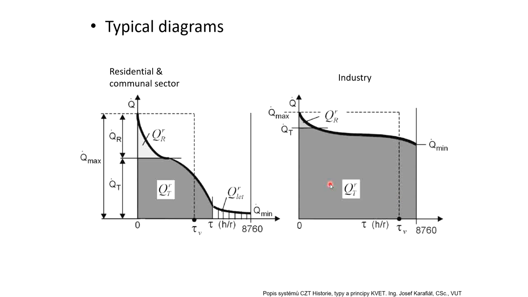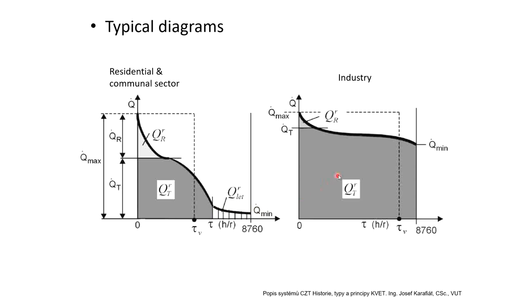Now some typical diagrams of these curves for the residential and communal sector, where the diagram is rather sharp. We can see some period of the coldest winter where you have the highest heat demand, and then it drops relatively sharply to summer, where you need just to provide the hot water.